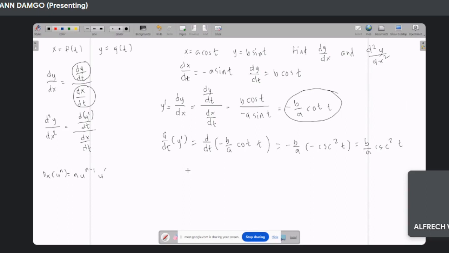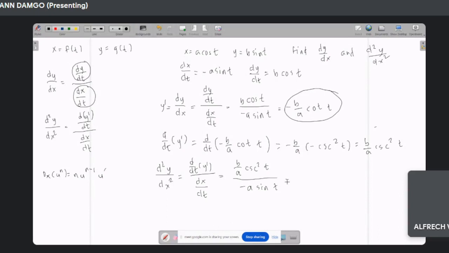Okay, so now we can solve the second derivative. This is equal to d dt of y prime over dx dt. So d dt of y prime, we have b over a cosecant squared t over our dx dt, which is negative a sine t.